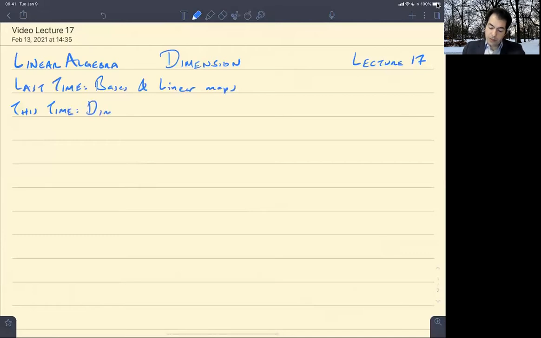This time, we're going to be talking about dimension. So we're going to be talking about the size of a linearly independent spanning set.